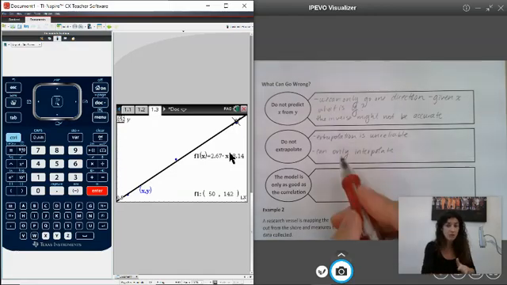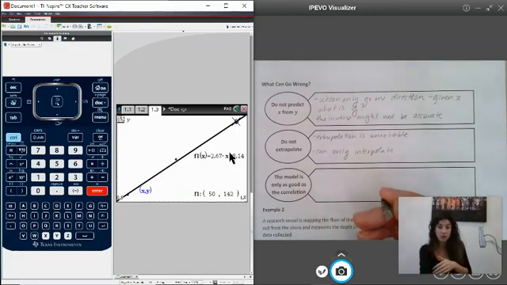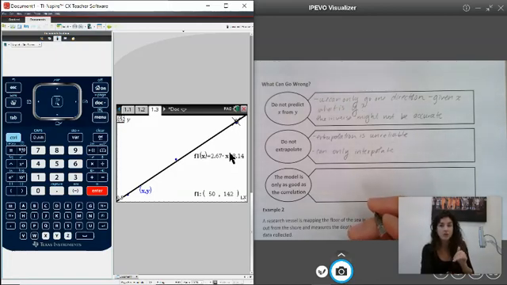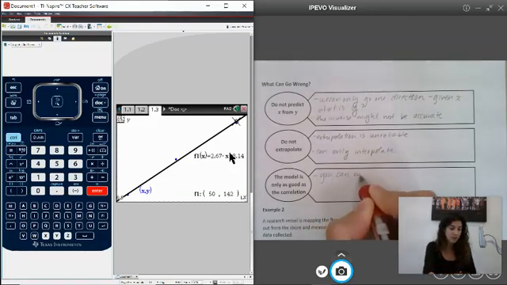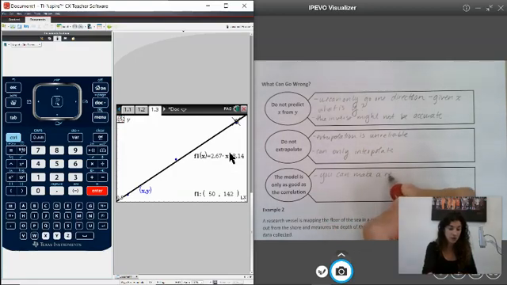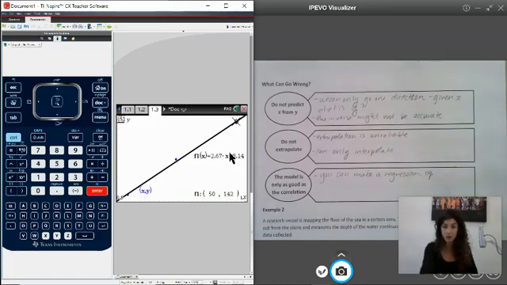Okay, and also just remember that a model is only as good as the correlation. You can find a regression equation for anything. You could put in a no association scatter plot, find a regression equation, and your calculator will give you a regression equation. So you can make a regression equation at any time.